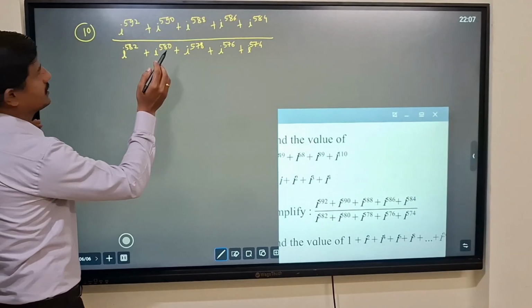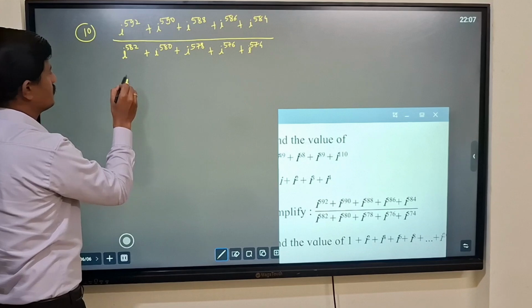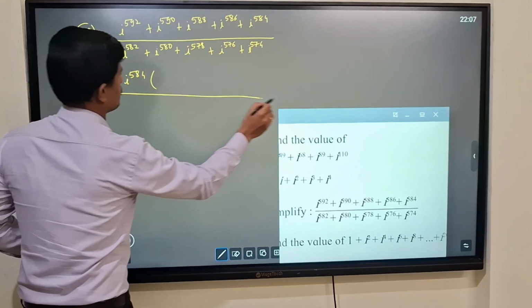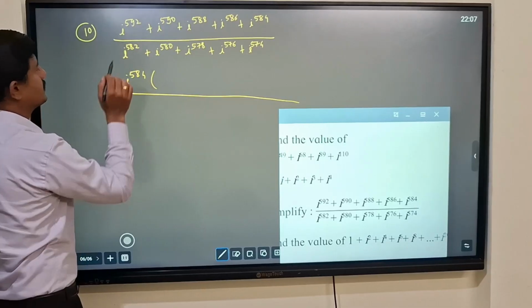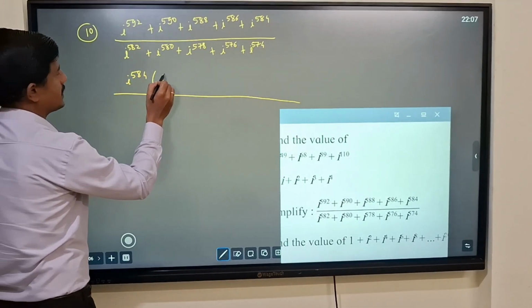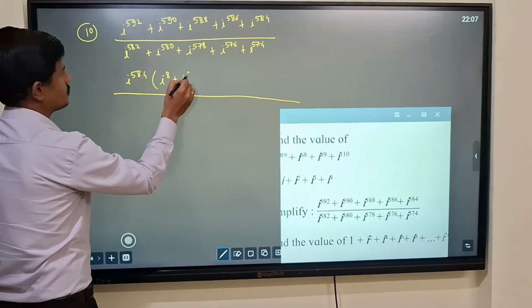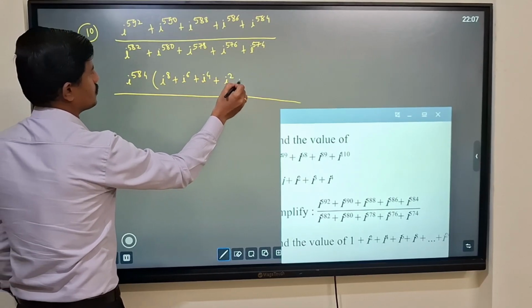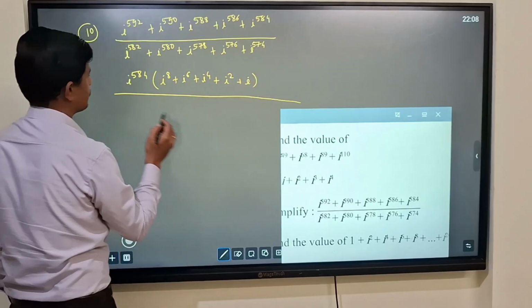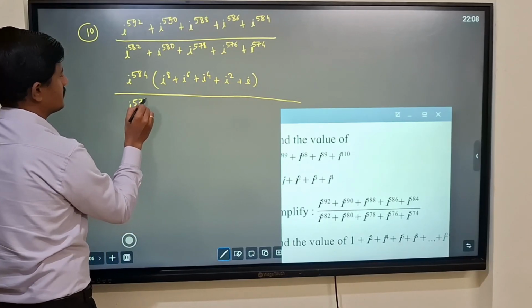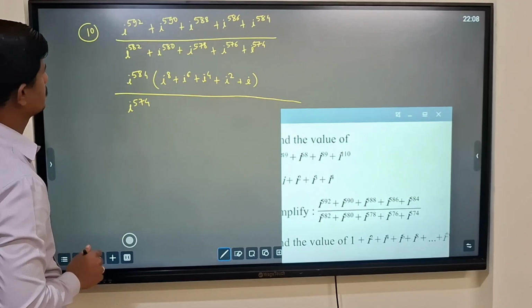I will do it another way. The smallest value is i raised to 574. I will take it out as common. So 584 plus 8 is 592, so this becomes i raised to 8 plus i raised to 6 plus i raised to 4 plus i raised to 2 plus i. Here also you can take out i raised to 574.